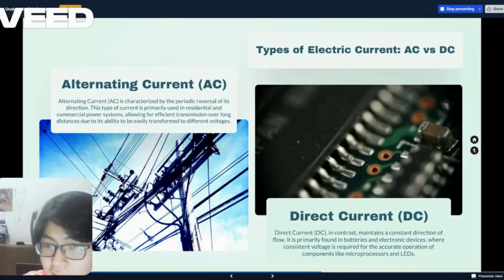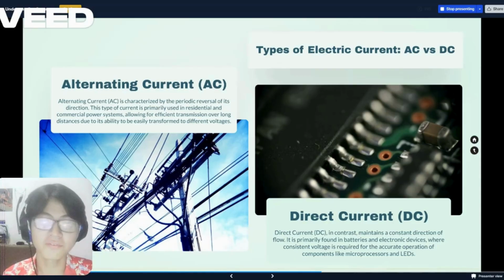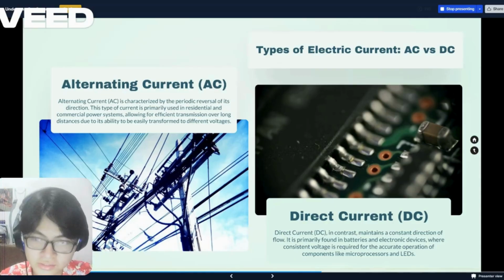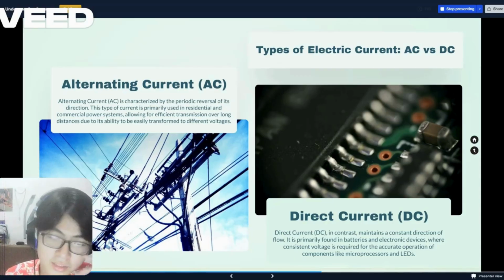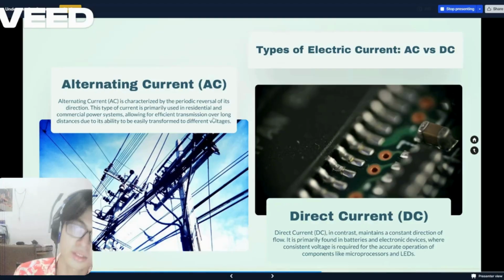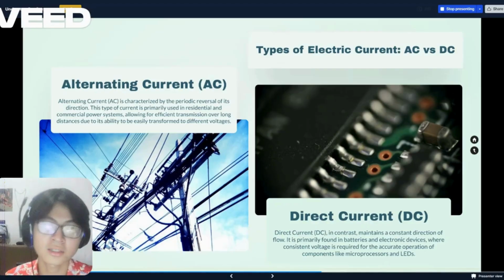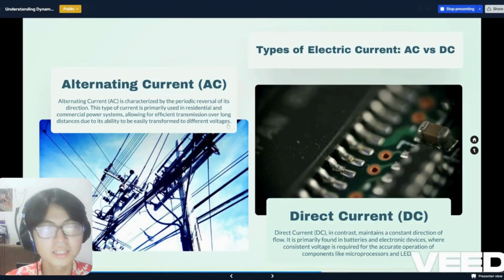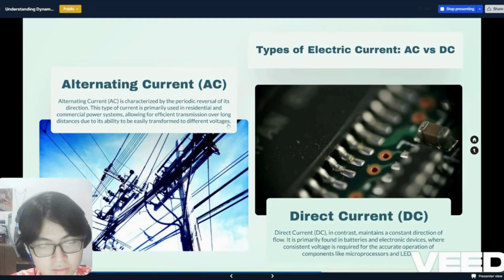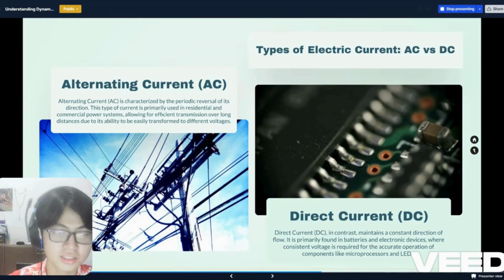This type of current is primarily used in residential and commercial buildings, allowing for efficient transmission over long distances due to its ability to be easily transformed to different voltages as you wish. And then there's direct current. Direct current, in contrast, maintains a constant direction of flow.